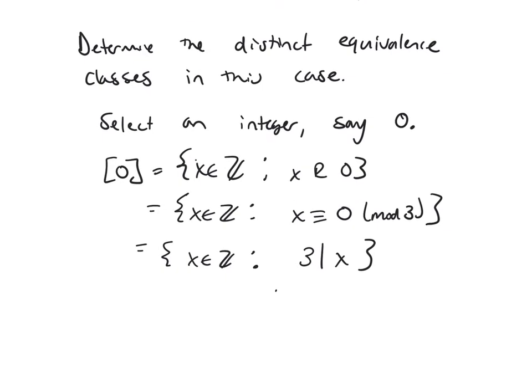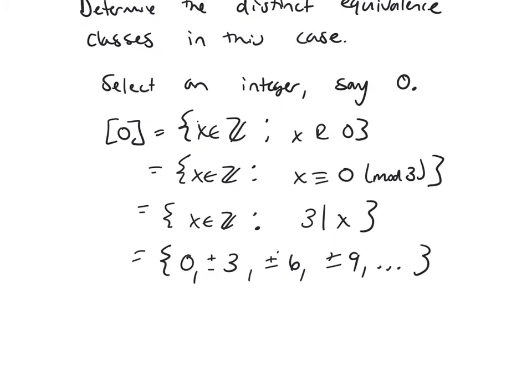So what are some elements in this set? Well, 3 divides 0, 3 divides 3, positive 3 or negative 3, plus or minus 6, plus or minus 9. So they're all multiples of 3.